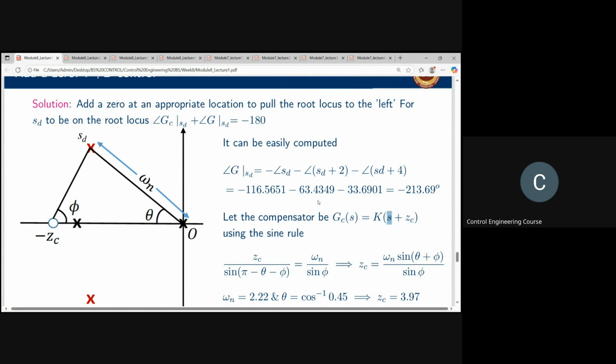If not, you have to choose some other SD in the trapezium. Got it? You have to ensure that SD is as close to the origin as possible, and the other closed loop poles at the given K are as far away from the origin as possible.